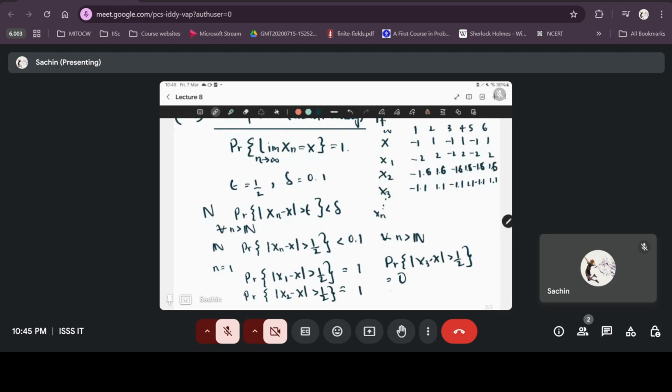So now N is equal to 3. And for all n greater than capital N, probability of |Xn minus X| greater than epsilon is less than delta.